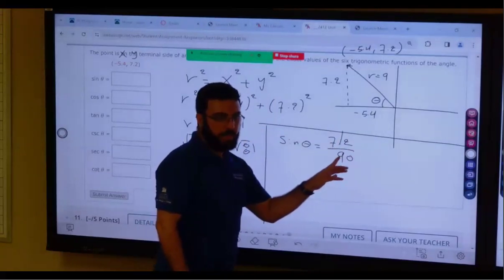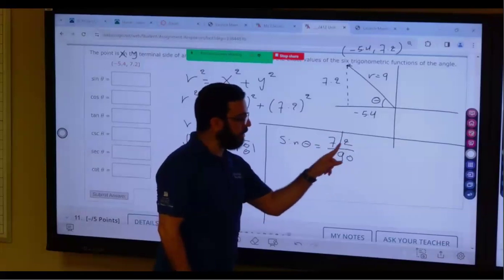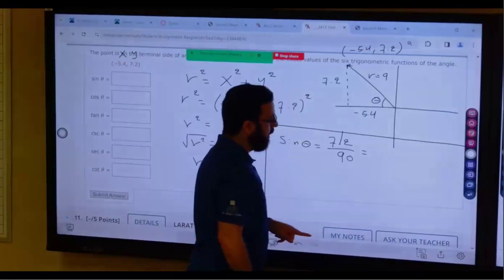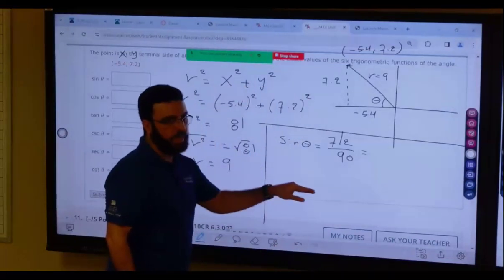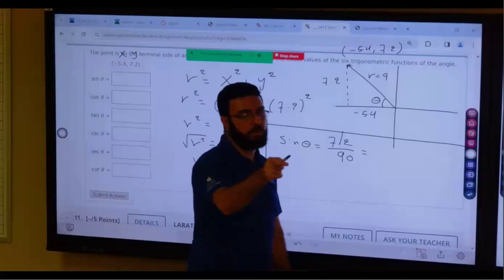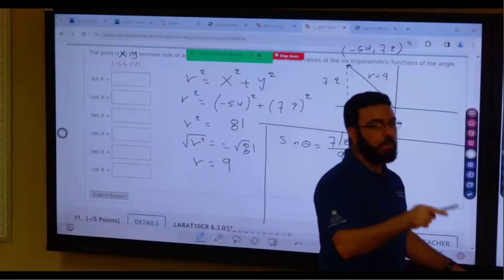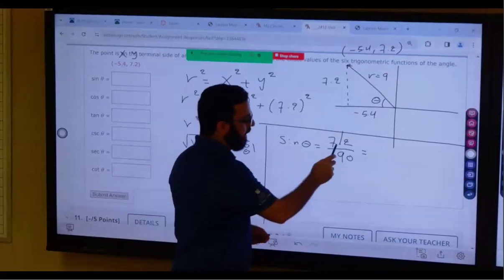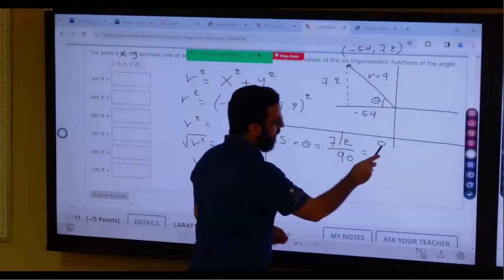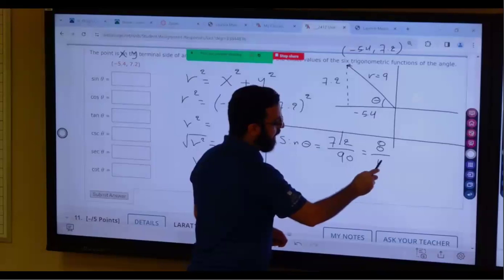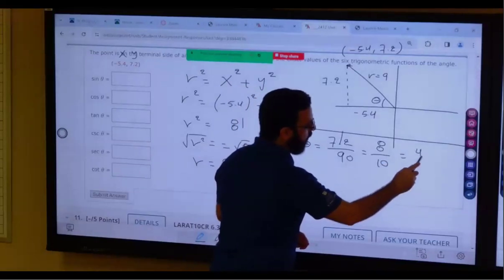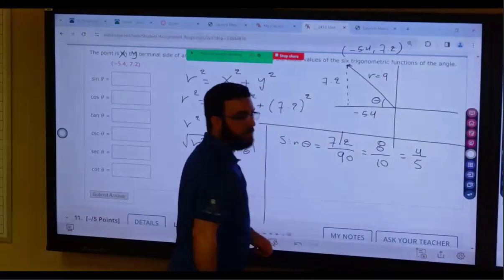Now, simplify 72 over 90. Can you divide both of these numbers by 9? 72 divided by 9 is 8, and 90 divided by 9 is 10. Can you simplify it more? Yes, by 2. 4 over 5.